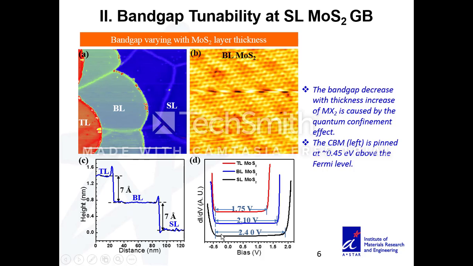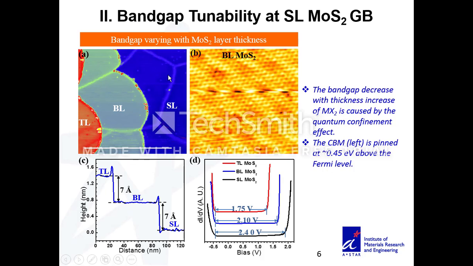For the monolayer MoS2, the bandgap is 2.4 electron volts, and it reduces to 2.1 electron volts in the bilayer, and then 1.75 electron volts in the trilayer. The bandgap decrease with increasing thickness is caused by the quantum confinement effect, and it's a common phenomenon for two-dimensional TMD semiconductors.